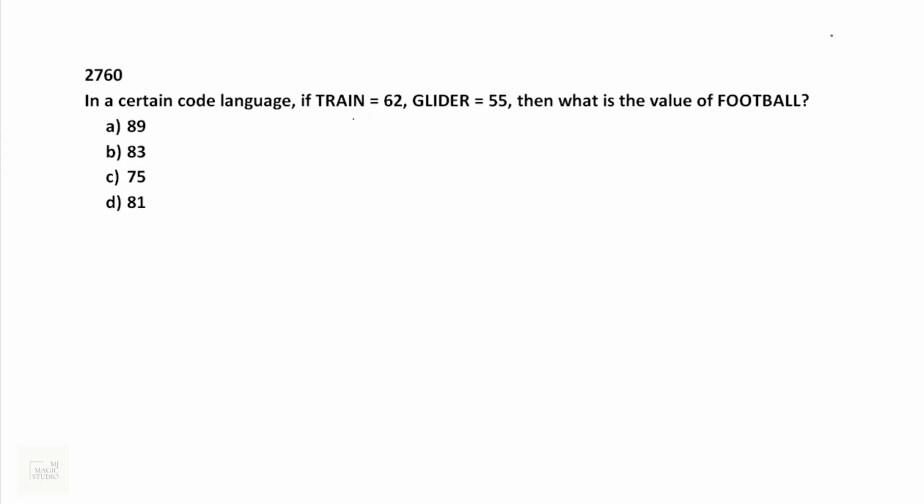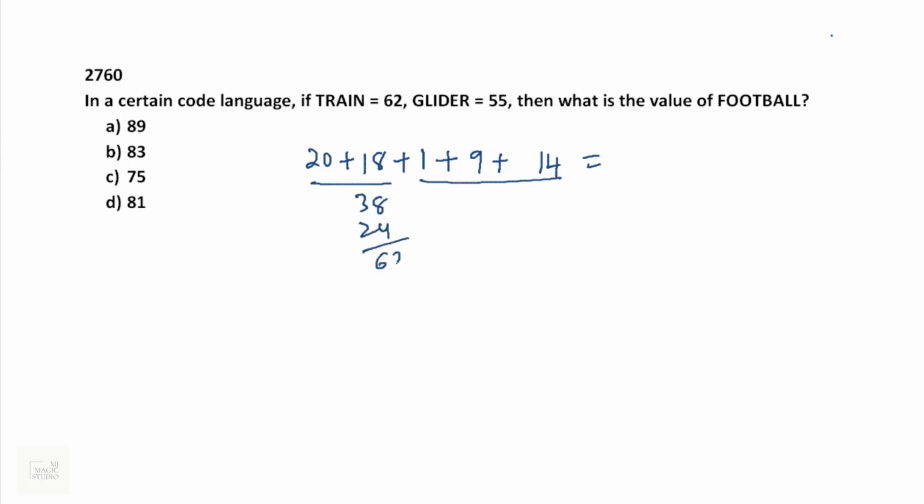In a certain code language, train is 62, glider is 55. Let's take up the actual numeric positions for train. T is 20, R is 18, A is 1, I is 9, and N is 14. Let's add up and see what we are getting. 38 and 24 is 62, and it is matching. That means for football, we just need to find the numeric position in the English alphabet and add up.